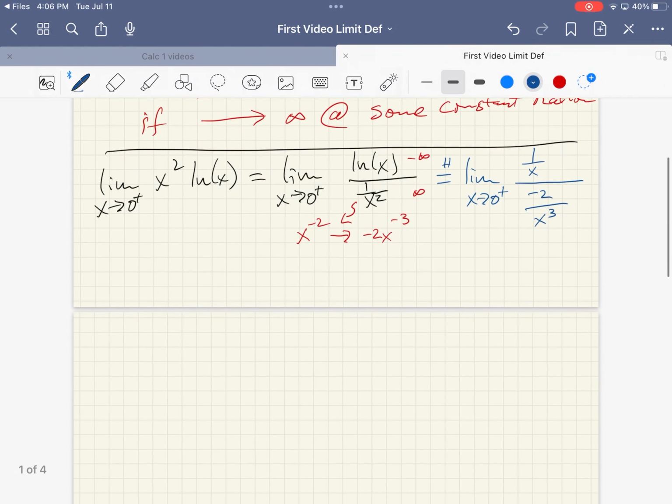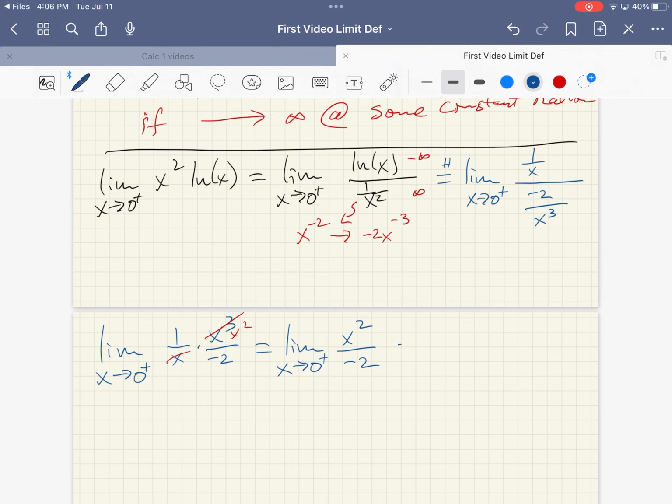So we're going to have the limit as x approaches 0 from the right of 1 over x times x cubed over negative 2, which equals the limit as x approaches 0 from the right of, now note we can cancel out here and here, and so we wind up with x squared over negative 2, and as x approaches 0, this is going to equal 0, just as we thought.